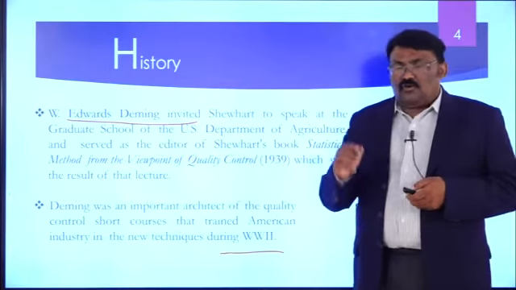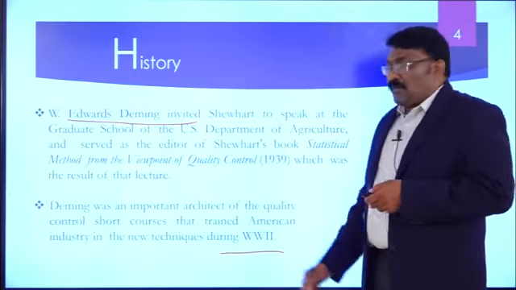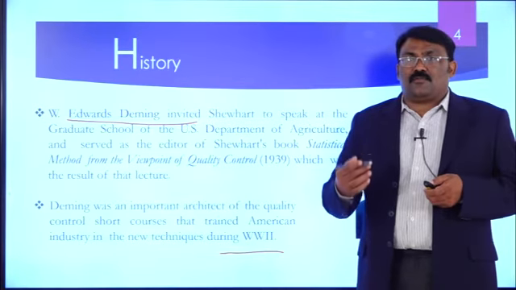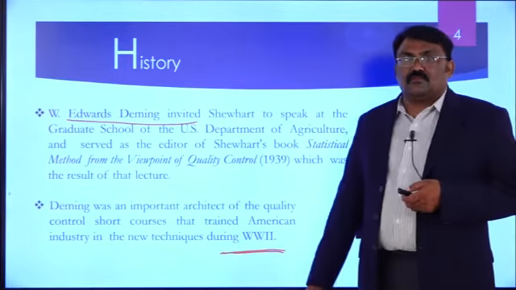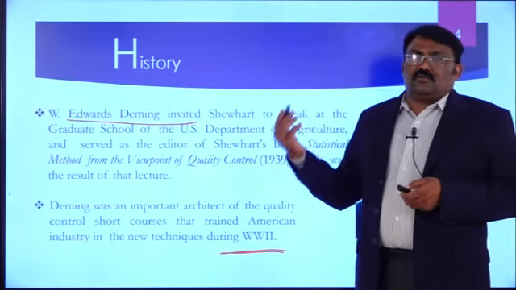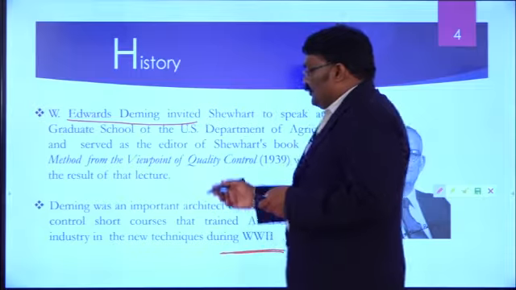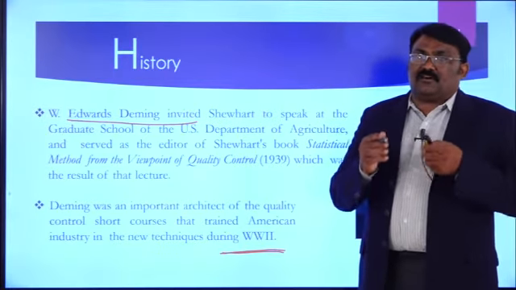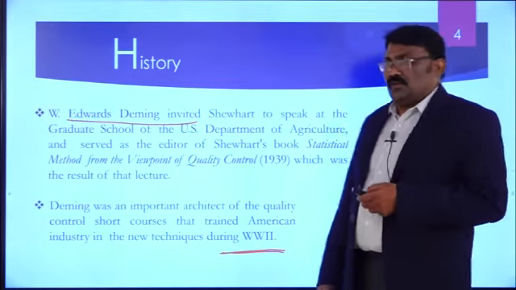So, though statistical quality control existed before those years, its importance became very high and known to all people after World War II, where the control defined by Deming, Edwards Deming, became known more importantly through the application of that control in the military operations of the Americans in World War II as such.